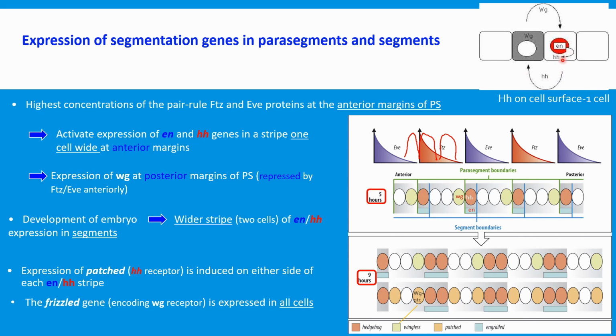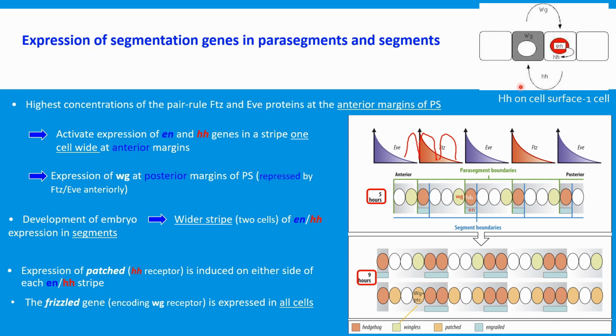And hedgehog is actually on the cell surface here, so it can only activate one cell thick and activate wingless in this cell. Why at only this side of the parasegment, right? So here is the parasegment boundary with engrailed in the anterior-most cell and activating wingless in the neighboring parasegment's most posterior cell. Why it's only here and not here is presumably due to expression of repressors, the pair rule genes here that will stop wingless expression.